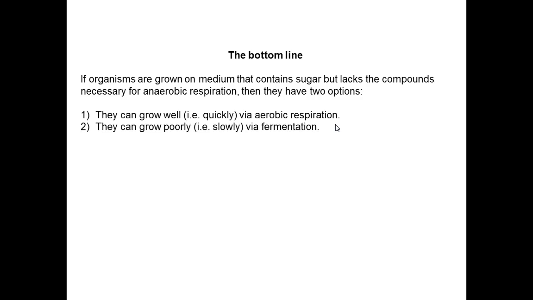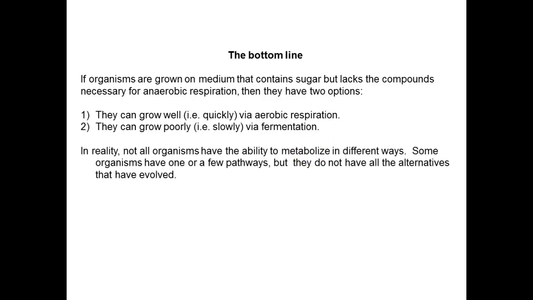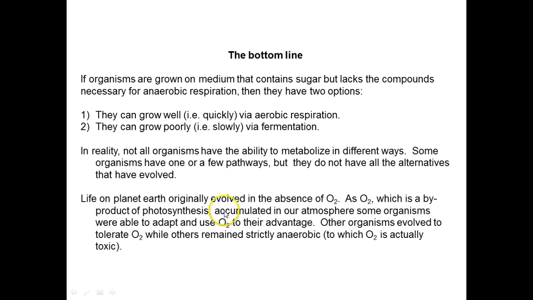And that's definitely what we see with our facultative anaerobes, right? They're doing fermentation when there isn't any oxygen. So in reality, not all organisms have that ability to metabolize in different ways. Our facultative anaerobes are one of the examples of where they have choices. But many don't have these alternatives that we talked about.